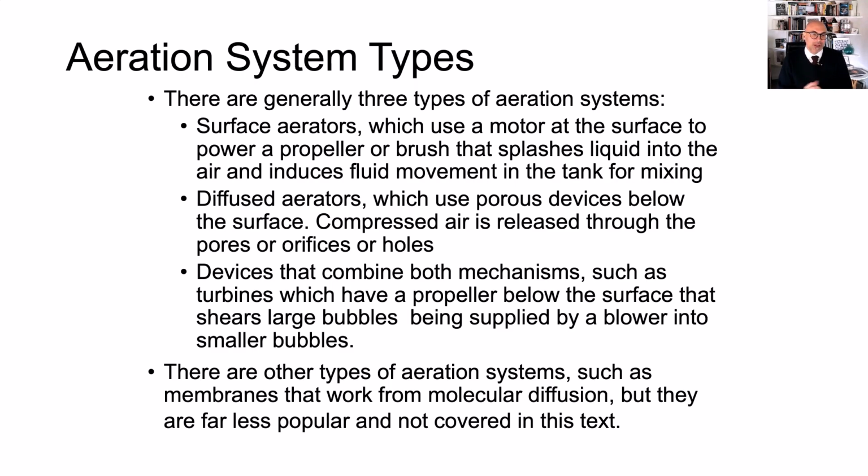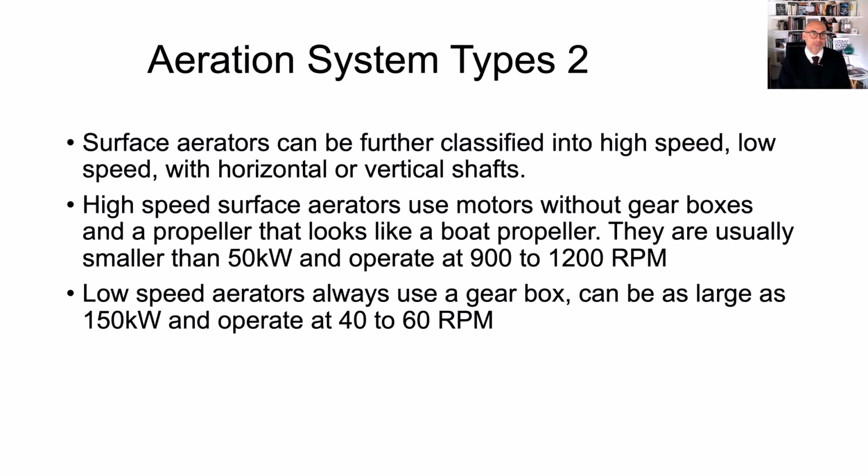However, diffused aerators are the most common ones for municipal, and so those are the ones you see the most throughout the whole course. Surface aerators could be high speed, low speed, vertical shaft, horizontal shaft. There are different types, and obviously depending on the application, one will have to look at how to narrow it down. The high-speed ones are direct drive.